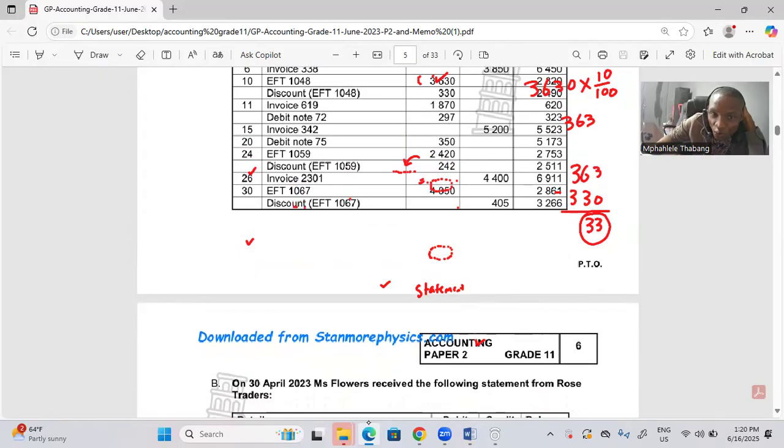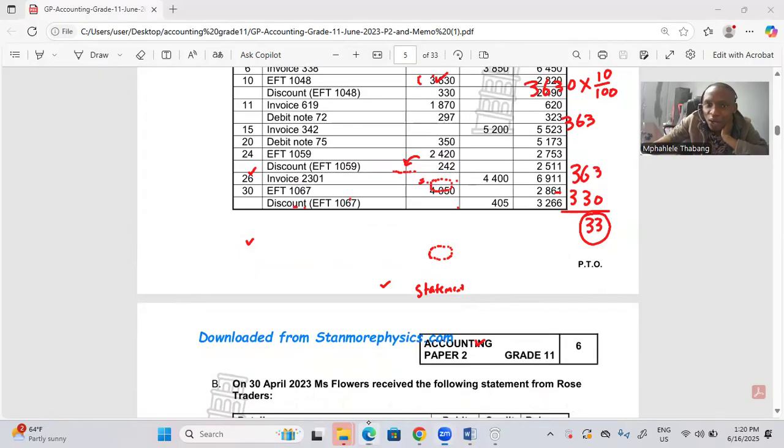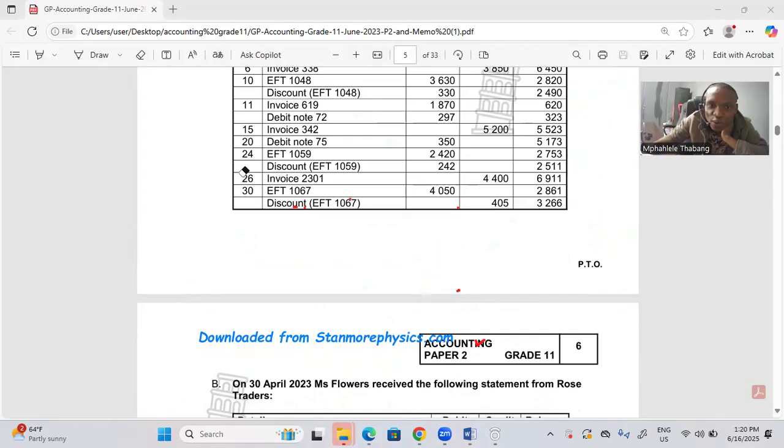On the 24th, when we made a payment, remember, we agreed that every time we make a payment, there must be a discount of 10%. So we made a payment to the supplier of how much? Of 2,420, and the discount appears to be 242 in the creditors ledger.